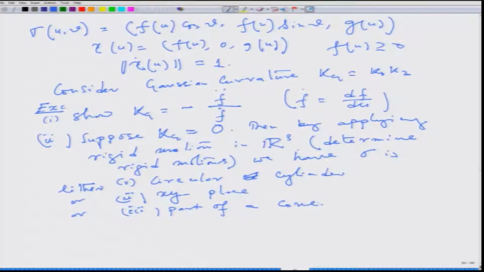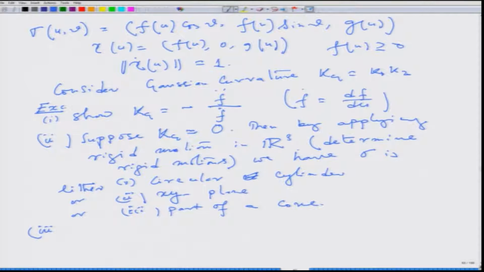So, if Gaussian curvature is 0, then up to rigid motion I can only have 3 surfaces: circular cylinder, xy plane and part of a cone, by surface of revolution of course. I mean a surface of revolution can be only these 3 cases.